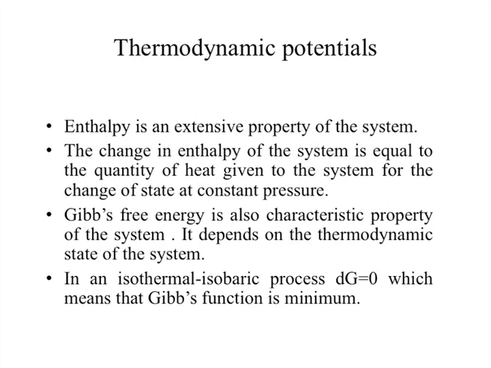It depends upon the thermodynamic state of the system. In an isothermal isobaric process, that is, temperature as well as pressure both are constant, the value of dG is equal to 0, which means that the Gibbs function G is minimum.